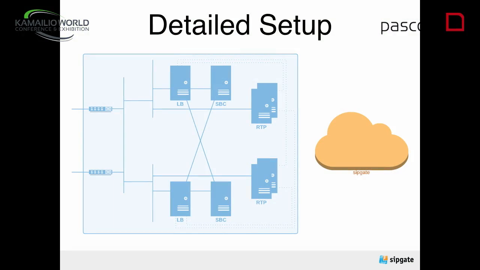The detailed setup on our side looks like this, and you can see it starts with a load balancer. We took Kamailio for it, of course, and actually the main modules that we are using in Kamailio are the dispatcher module for sending calls on to either side, and the RTP engine module to select the RTP proxy.